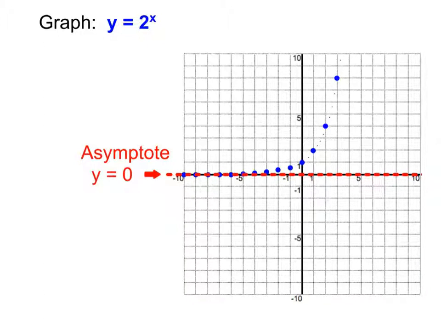Now, one other little thing to note here is the way that the asymptote is written. You'll often be asked for the equation of the asymptote. The equation of this one is y equals 0 because you notice that that horizontal line, at every point along it, the y value is the same. The y value is always 0.